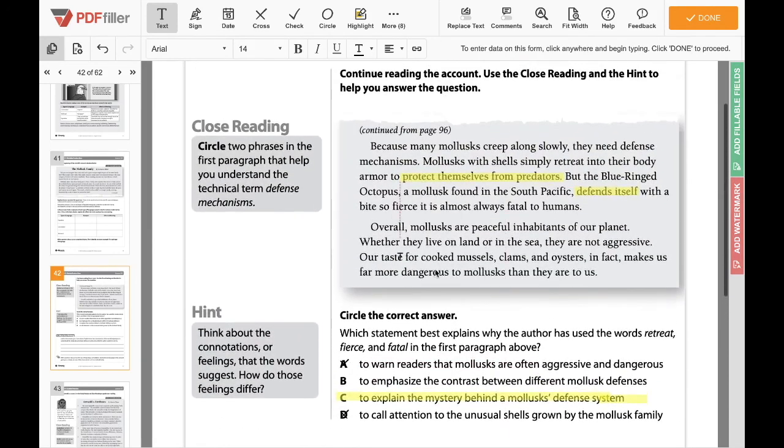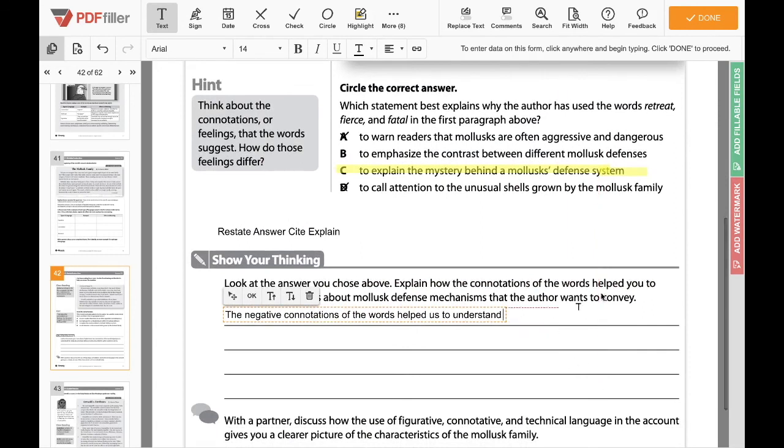Well, what is she trying to do here? She's not trying to tell us that the mollusks are aggressive and dangerous, right? But what is she saying that we should not do? We shouldn't be afraid of the mollusks, right? And we should stop messing with them. She thinks that we should stop messing with them because they have these defense systems, and they're only going to use those defense systems if we, as people, mess with them.